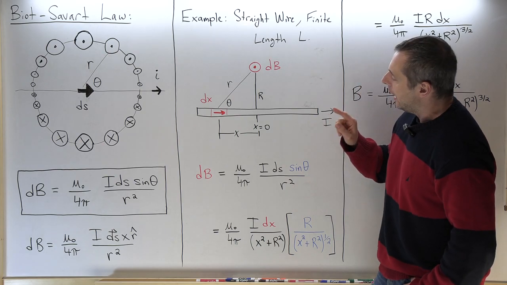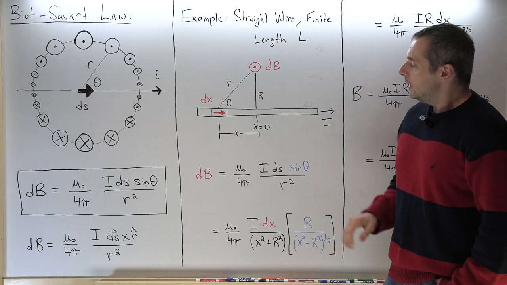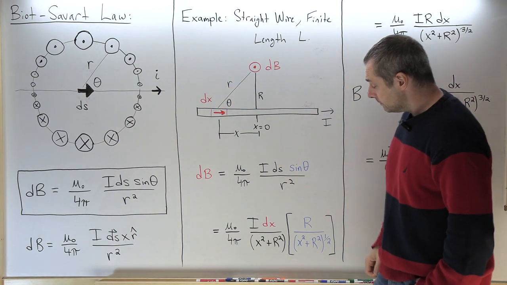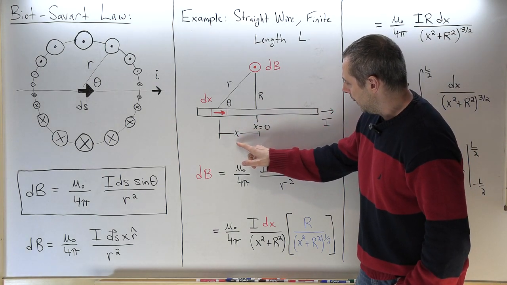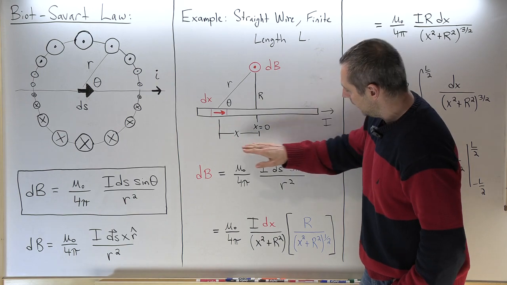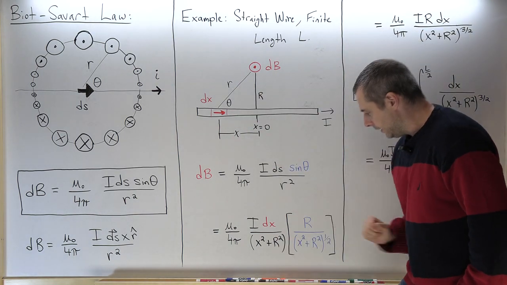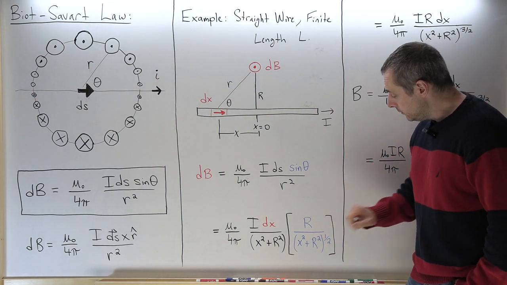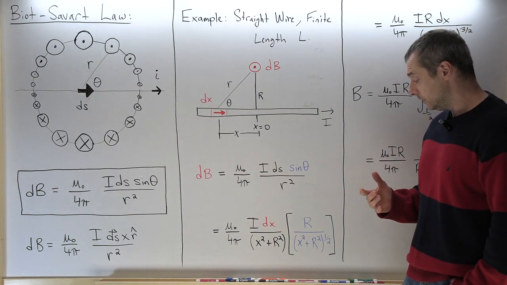R is how far away this point is from that bit of current, which is like the hypotenuse of a right triangle right here. And we could find that from the square root of x squared plus r squared, or sorry, x squared plus r squared equals r squared. So that's what we have right here. The sine theta, I wrote it in blue here, so it kind of color coordinates. Maybe if you have colored ink, you could do that, so it'll be a little clearer on your notes.